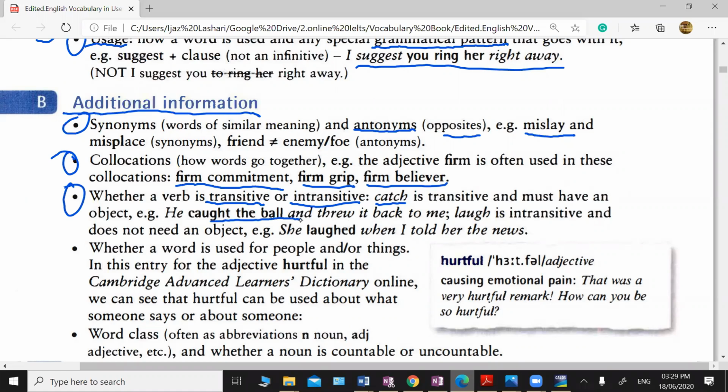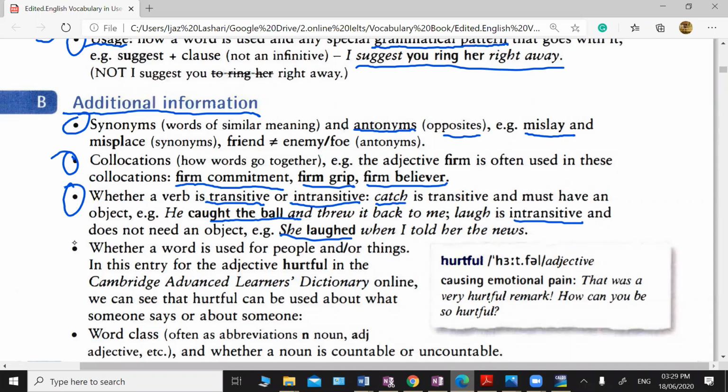This is called transitive. It needs an object. Now the next one, intransitive, it does not need an object. She laughed when I told her the news. But even if you said he laughed, she laughed, they laughed, it makes sense.